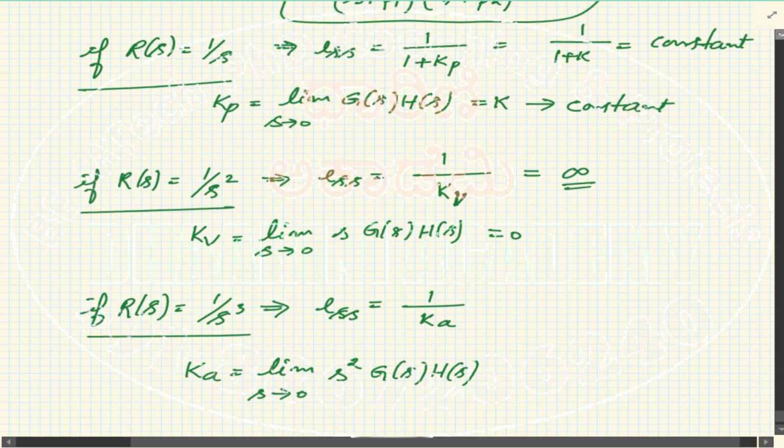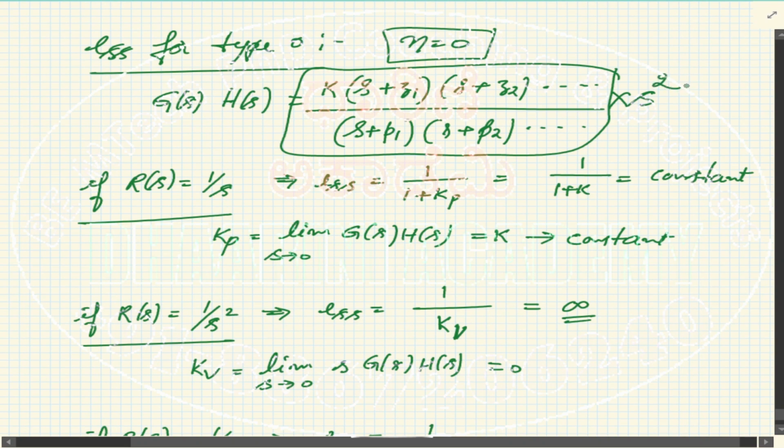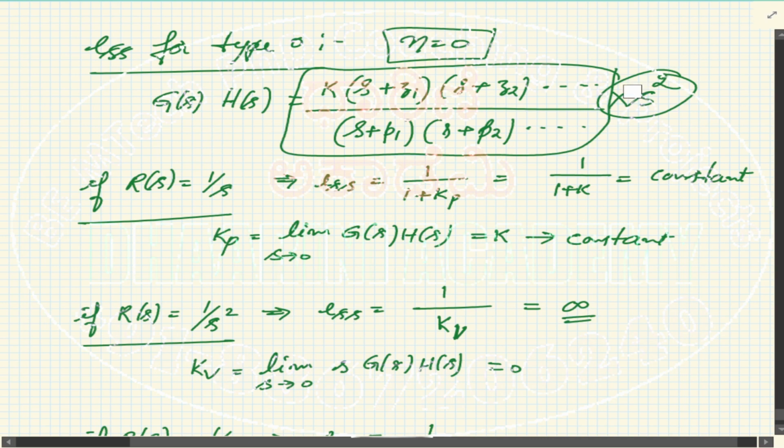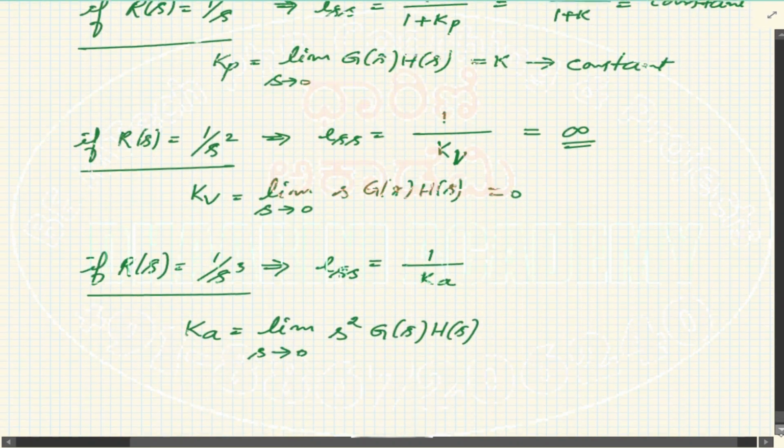So as soon as that comes into picture, there is an s square which you are multiplying. So s square is 0. So s square into whatever G into H you have, this becomes equal to 0 now. So once again you get 1 by 0, because when you try to calculate, Ka is 0 now.